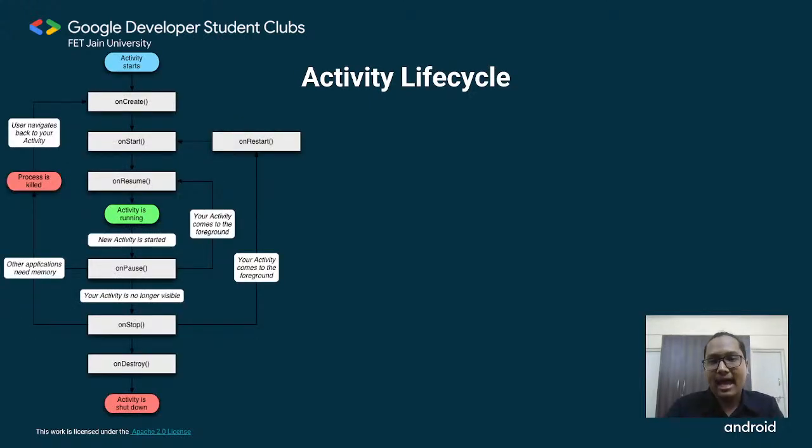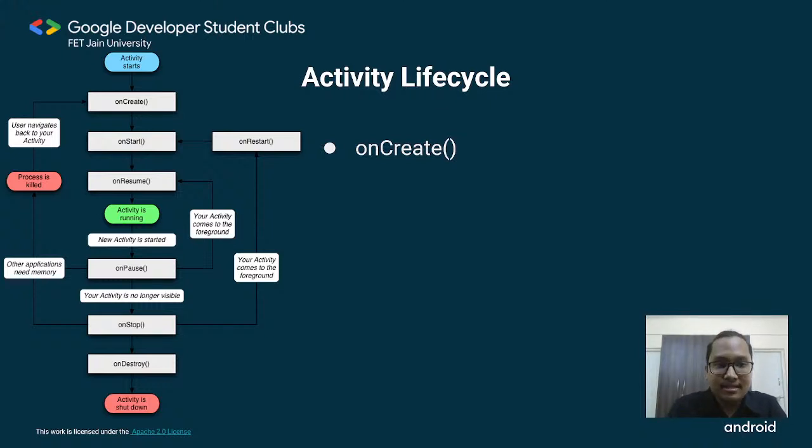Talking about the activity lifecycle, on your left you can see a big chart that roughly goes through the activity lifecycle. On the top, you can see the activity starts, that is when a new activity is initiated.